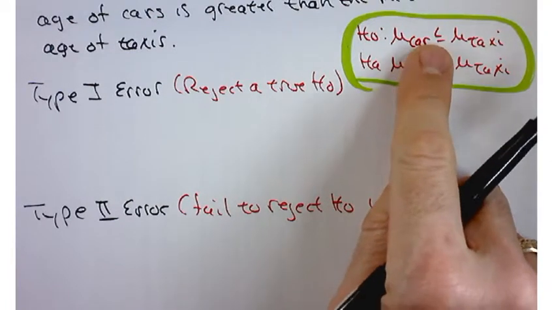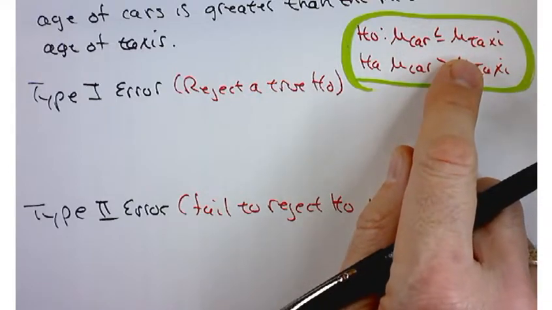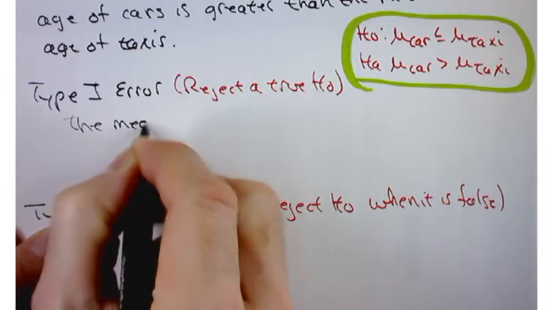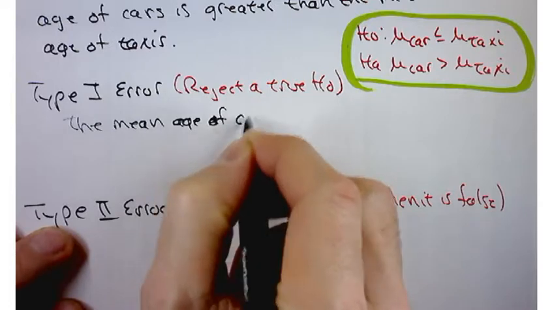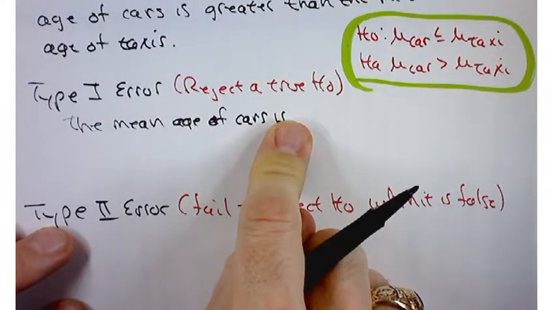No. The mean age of cars is at most the mean age of taxis. H0 is what's true, right? So let's state that in words. The mean age of cars is, now here I'd accept two things. You could say less than or equal to the mean age of taxis.